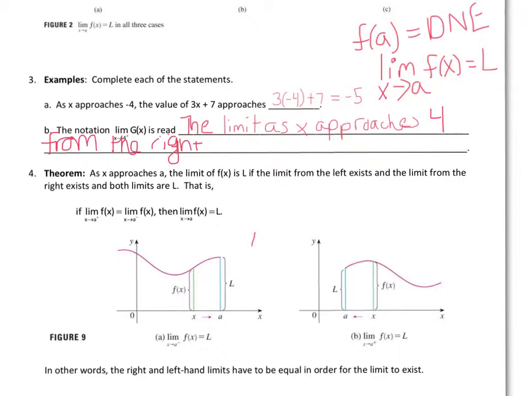And then of g of x. So that's how we would read all that out.